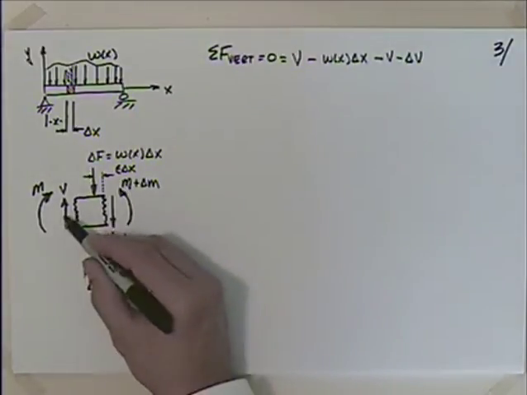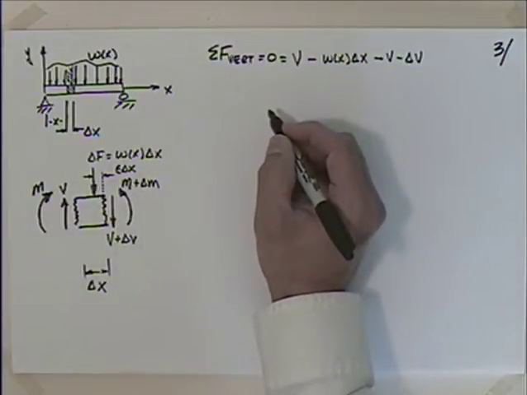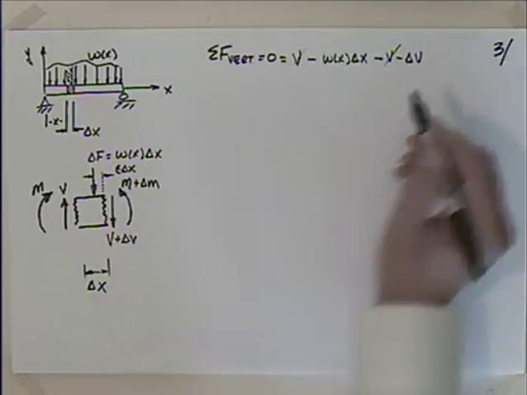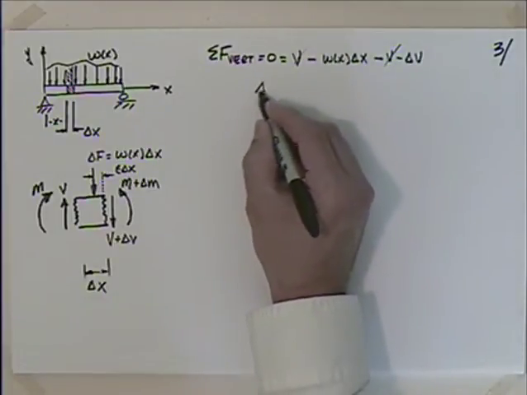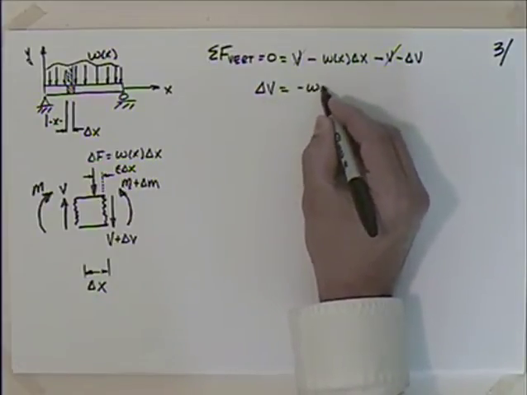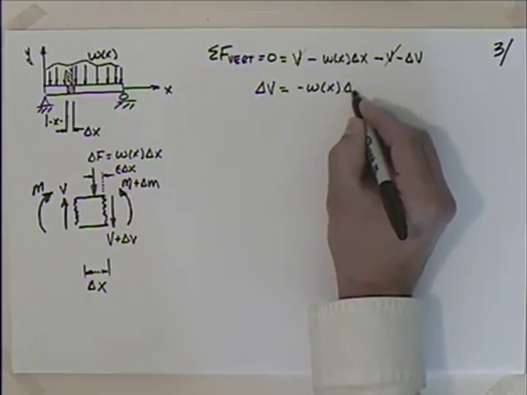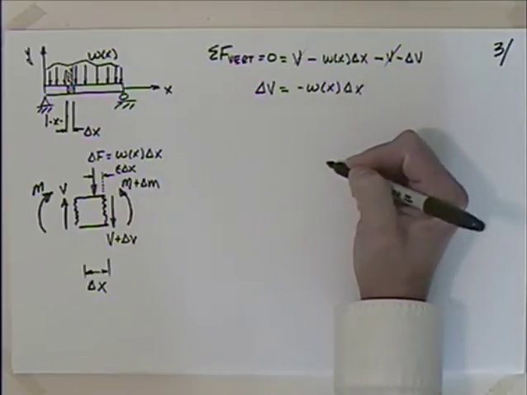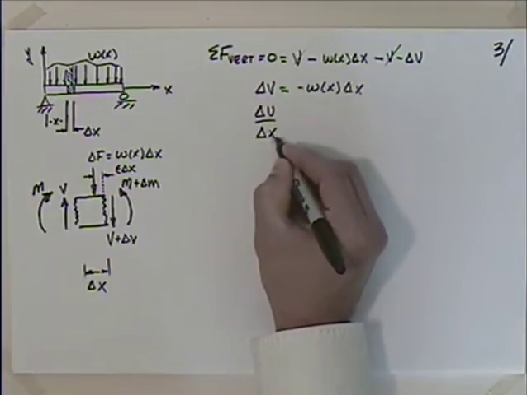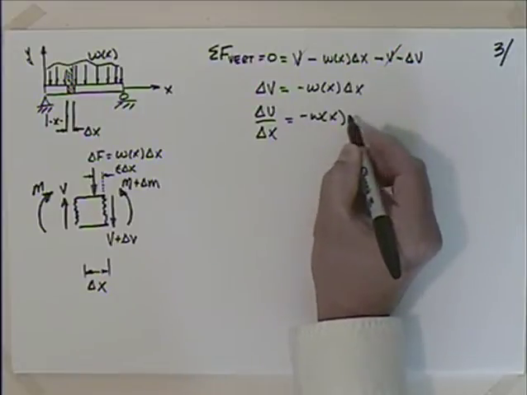I think that's it. So I get to cancel that term with that term, and I can say that delta V is equal to minus W of X delta X. Or that delta V over delta X is equal to minus W of X.